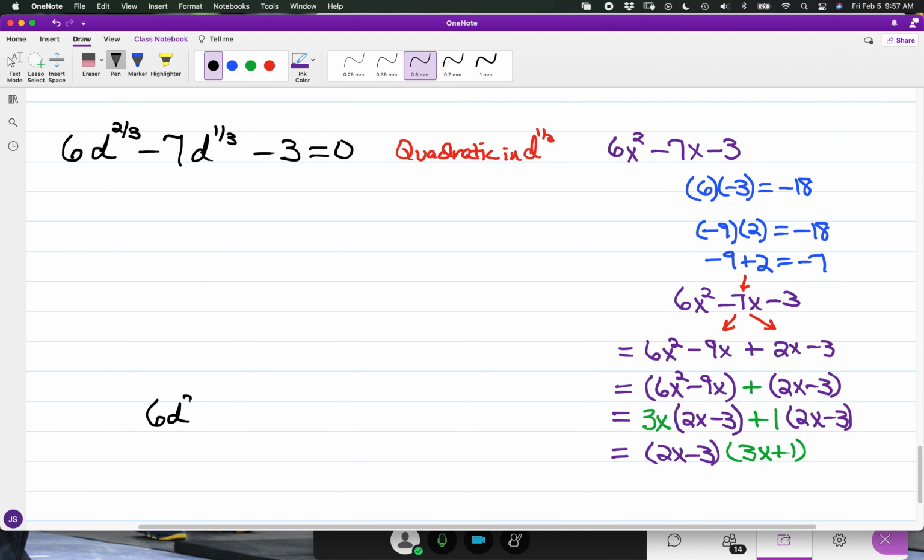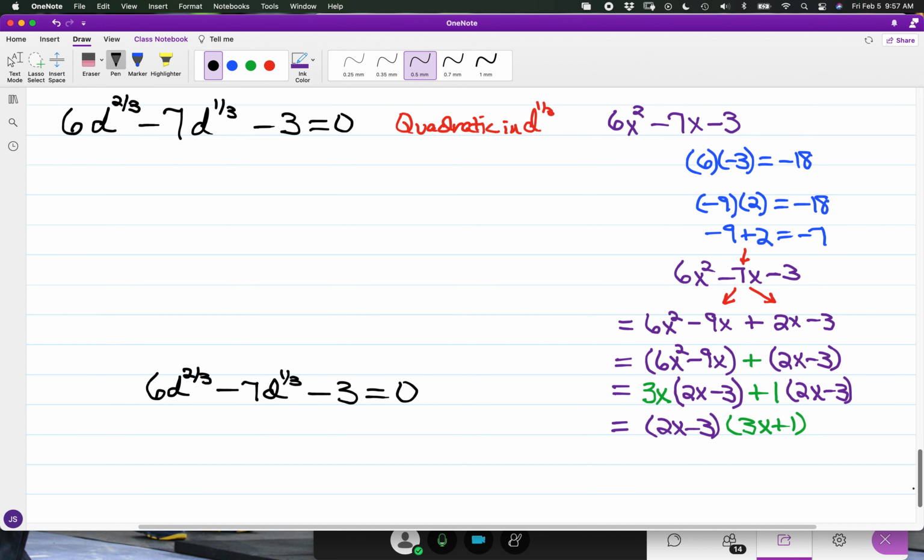Again, we have 6d to the 2/3 minus 7 times d to the 1/3 minus 3 is equal to 0. And on a parallel course, 6x squared minus 7x minus 3 factors to 2x minus 3 and 3x plus 1.